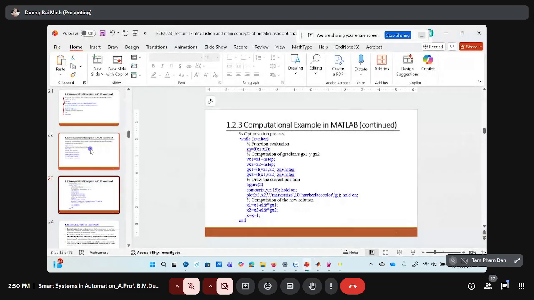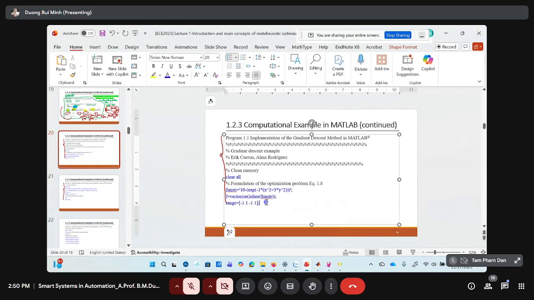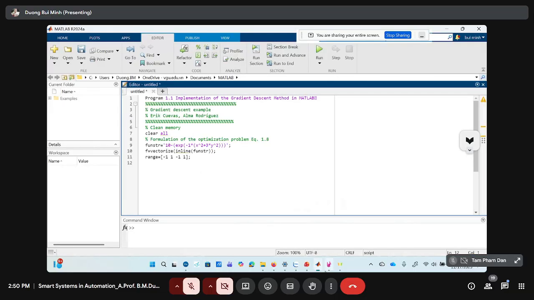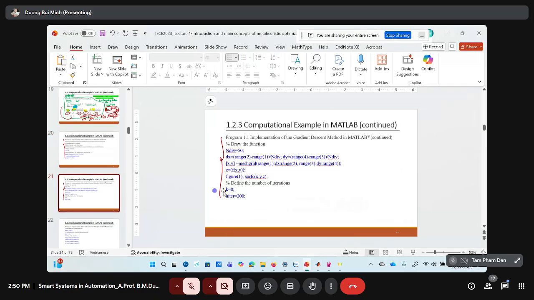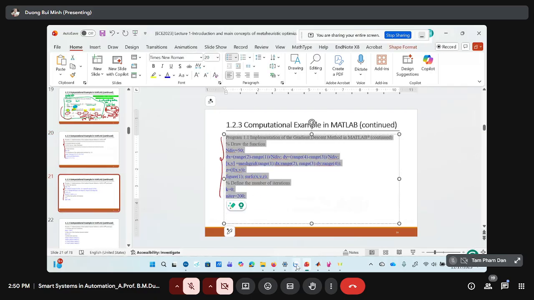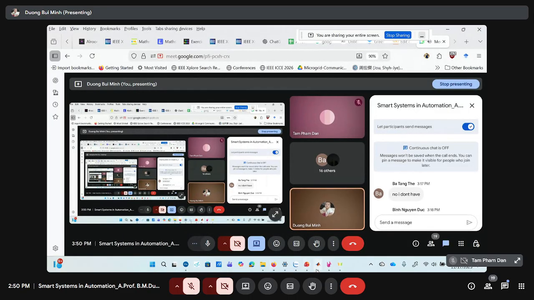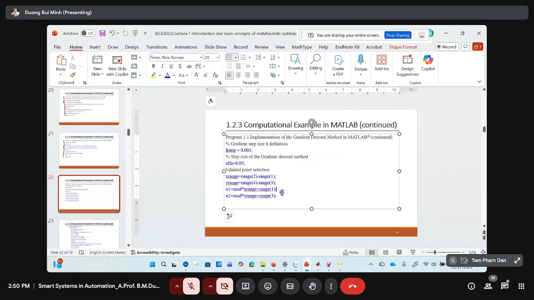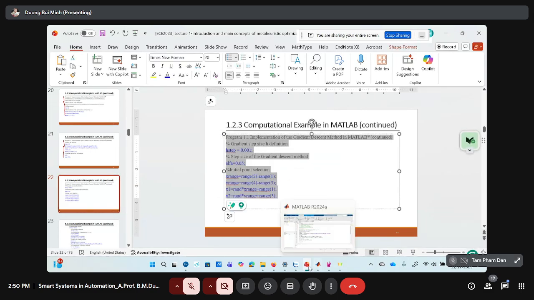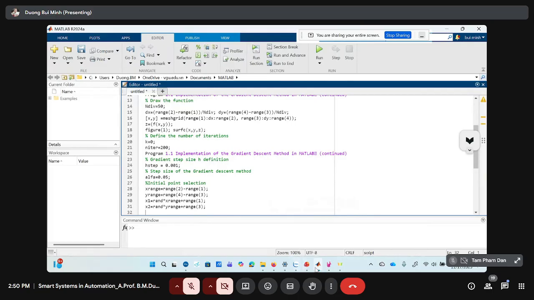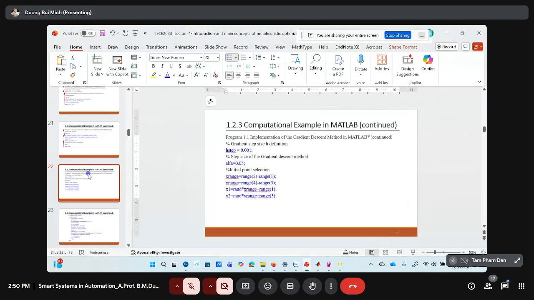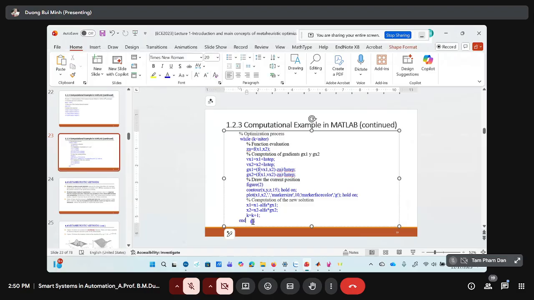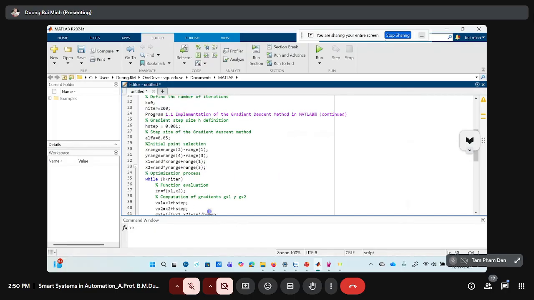After that, you copy the code into here. So I will explain to you.